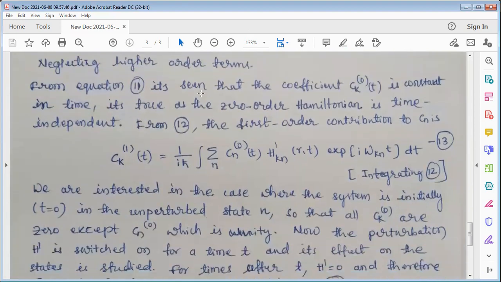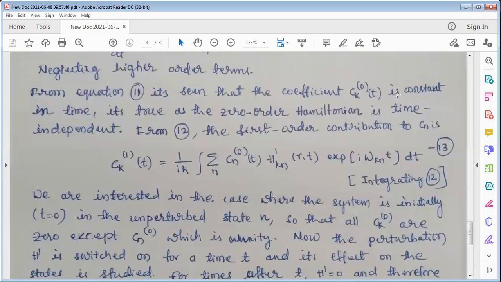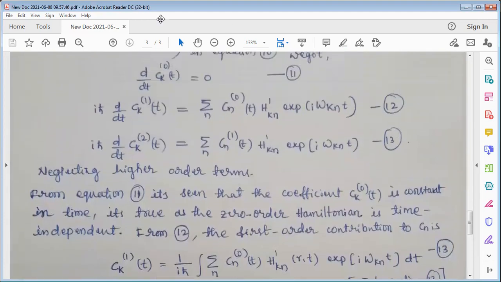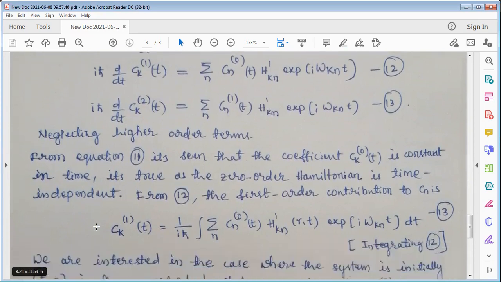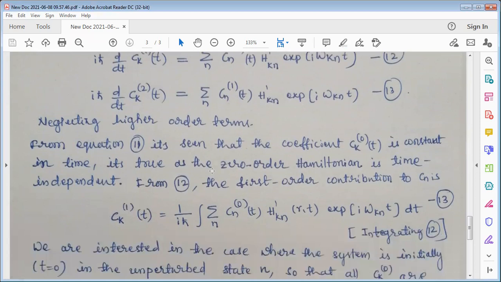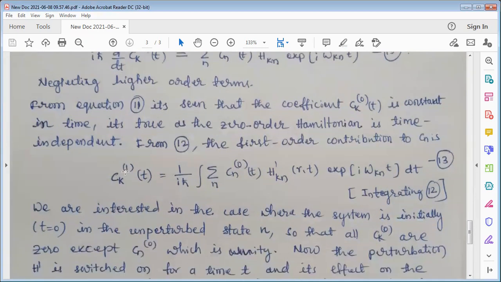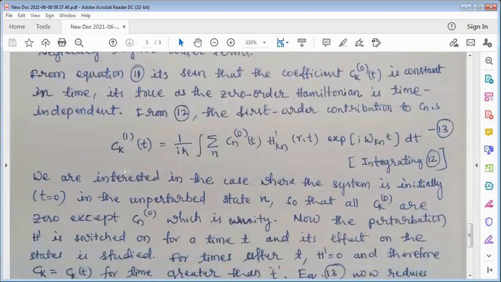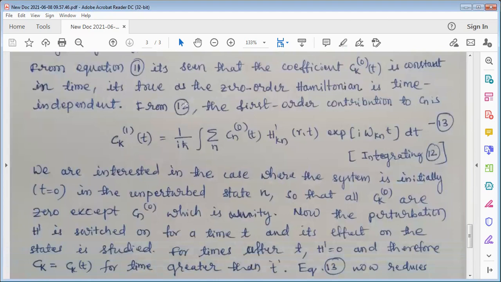So from equation 11 it is seen that the coefficient ck of 0 is constant because its derivative is 0. The derivative of ck of t is 0, means it is a constant term in time. It's true as the zero order Hamiltonian is time independent, because that is linked to the unperturbed part of the Hamiltonian, so its derivative is 0.